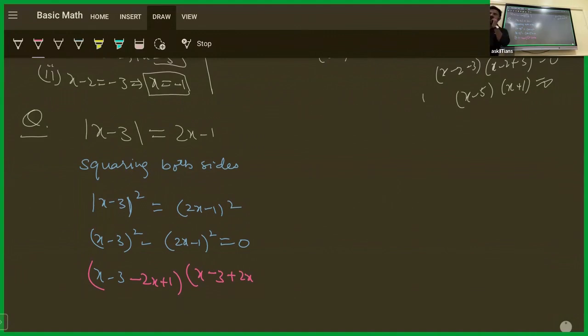So you got two values of x, right? Now verify your answers also, whether both are satisfying or not.